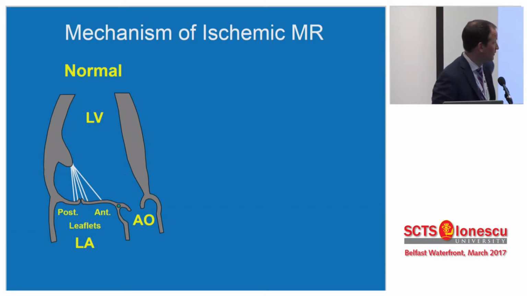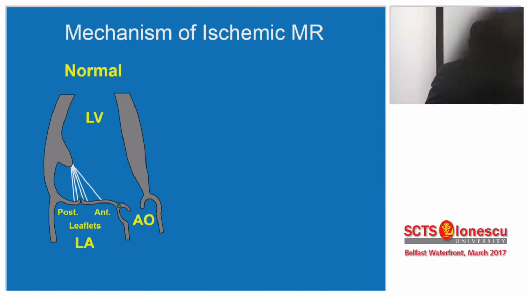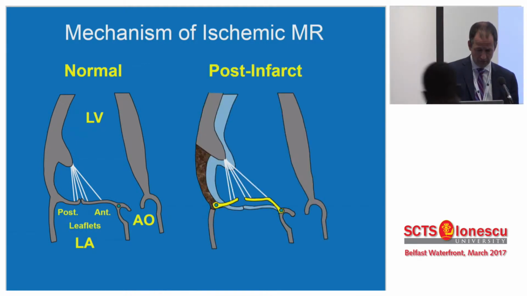The normal mitral valve function is pictured here, where you have a balance between closing and tethering forces on the mitral valve leaflets. After an infarction occurs, you have decreased closing force because the left ventricle is not contracting as well as it was before the MI.